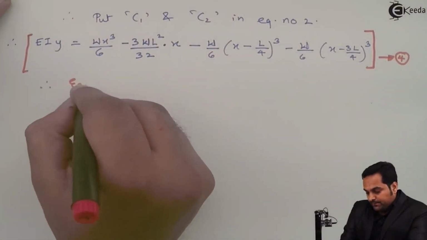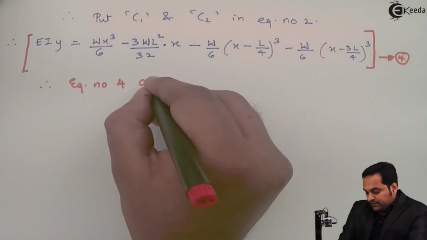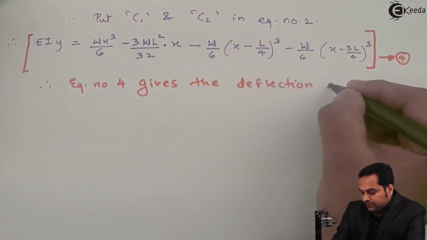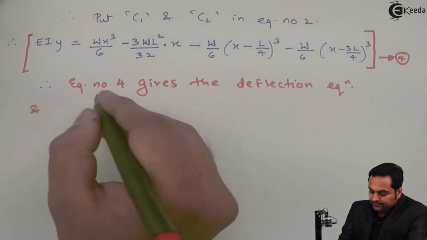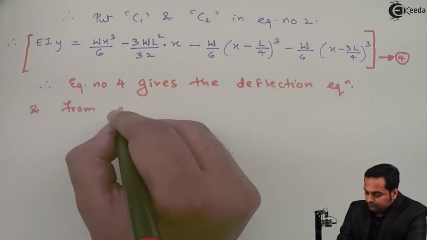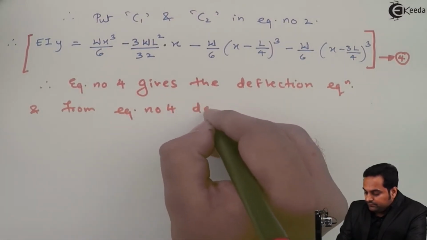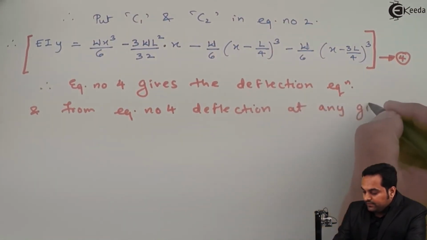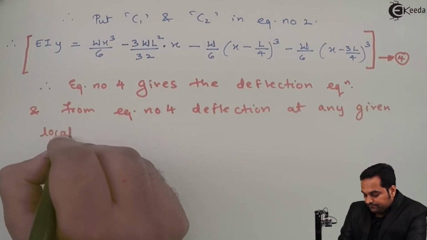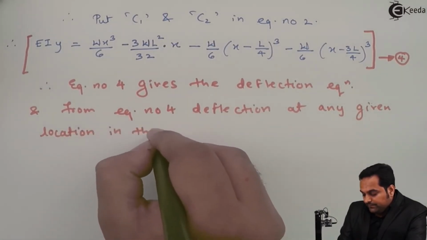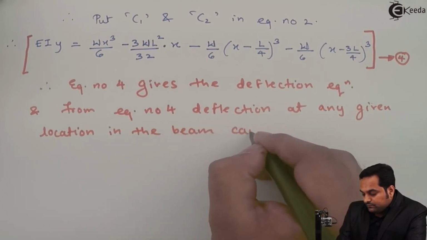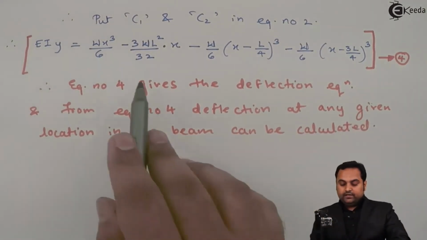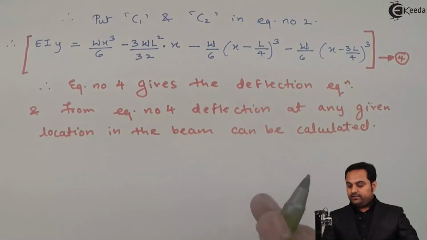So therefore, equation number 4 gives the deflection equation, and from equation number 4, deflection at any given location in the beam can be calculated. So with the help of this equation, we can find deflection at any given location.